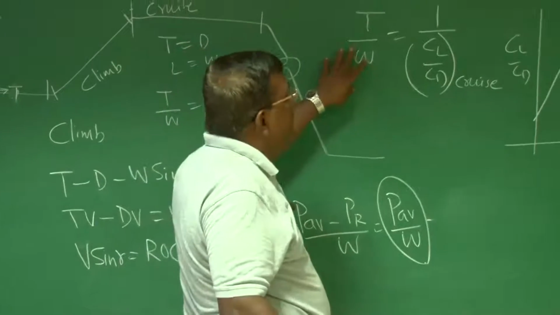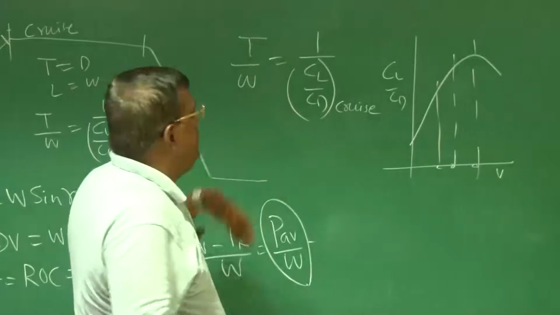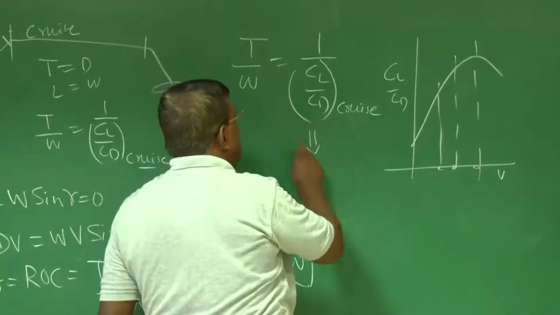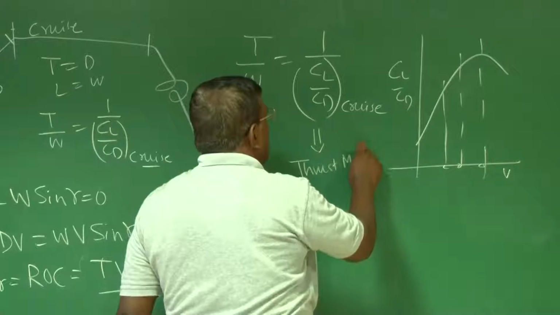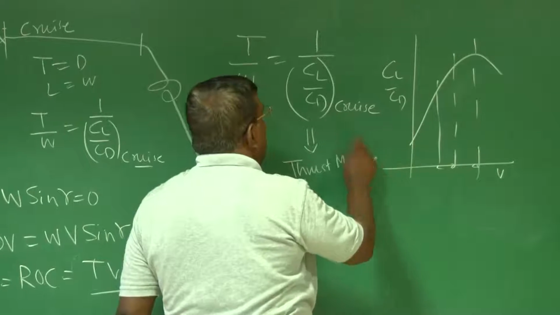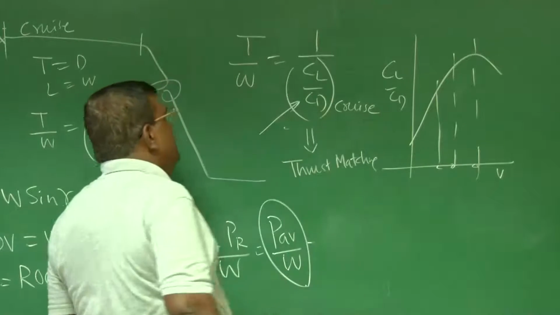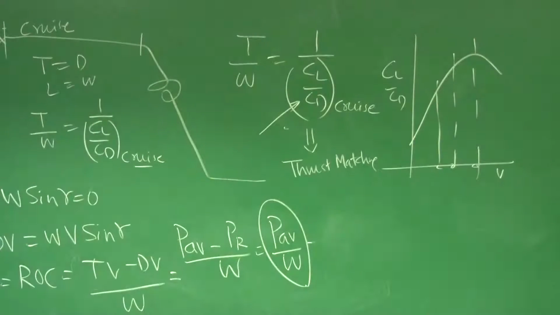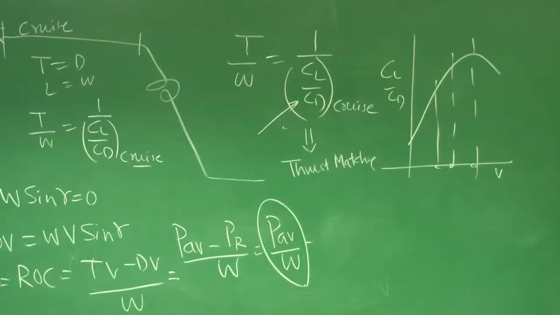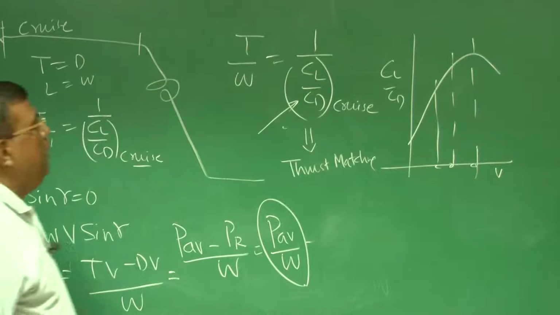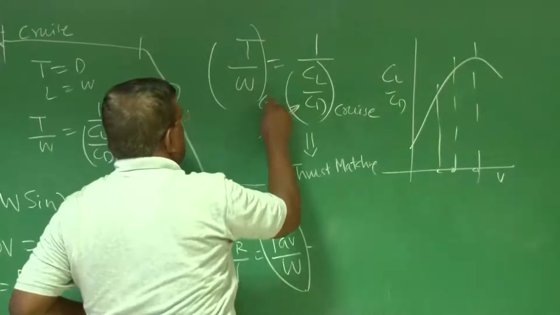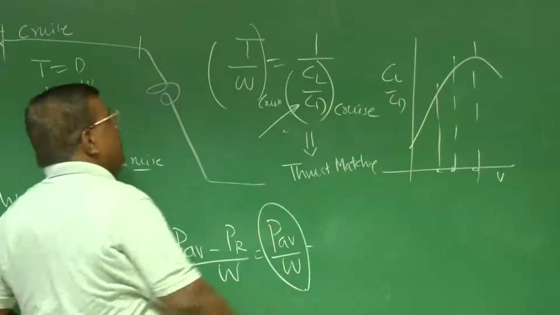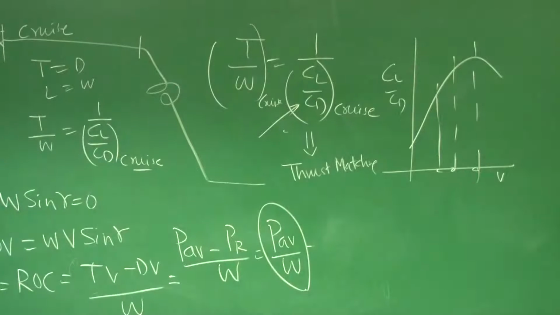That's why if you see in textbooks, when they're trying to find this, they give a title called thrust matching. What is the meaning of that? If I want to fly at CL by CD cruise, then T by W is 1 by CL by CD. I have to ensure that T by W for cruise is exactly given by this. Then I will be able to maintain it.